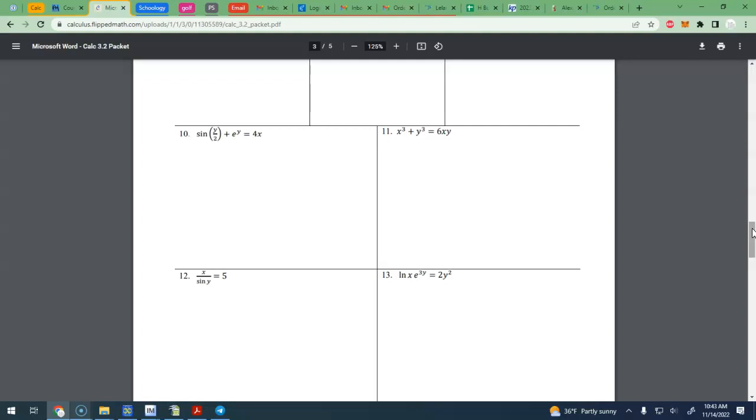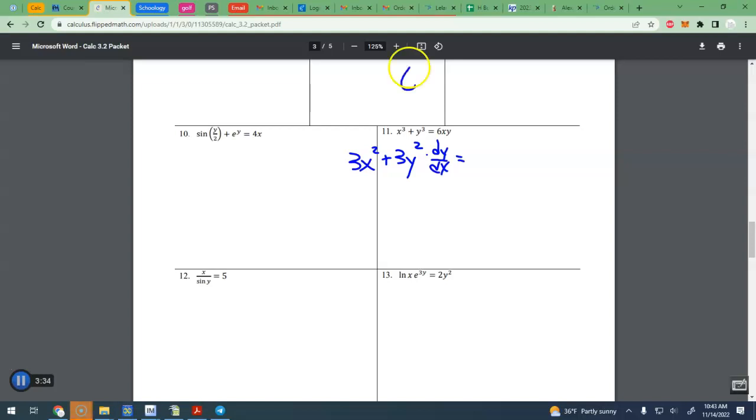So I'm just going to go one thing at a time. The x to the third is no big deal. That's just 3x squared. And then the y to the third will be 3y squared times dy dx. And then on the right hand side, you've got a choice. So I'm going to let you pick.